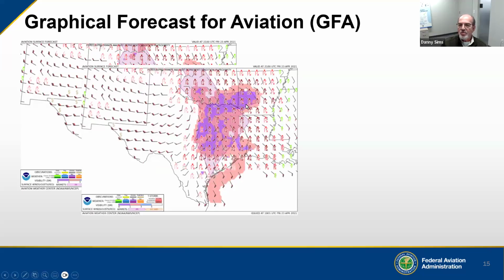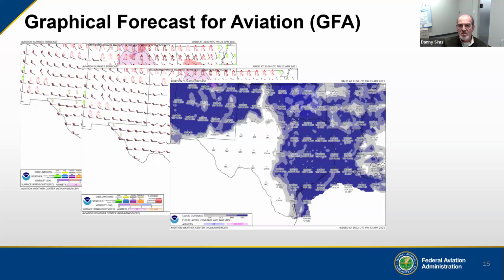The next update, 3 hours later for the same forecast time, conditions really have not changed a bit. So a very high likelihood for thunderstorms and showers along the route of flight. What about cloud information? This is also available via the GFA.